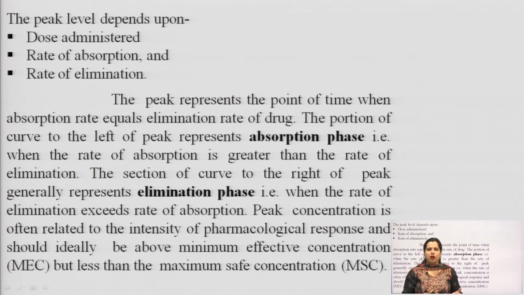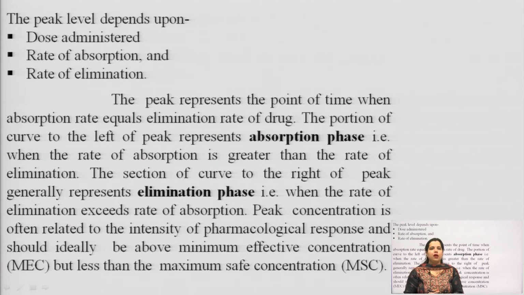In case of a higher dose, the Cmax will be high, and in case of a lower dose, Cmax will be low. It also depends on the rate of absorption, at which speed it is getting absorbed, and on the physicochemical properties of the drug. The rate of elimination, in how much time it is getting eliminated from the system, is also important.